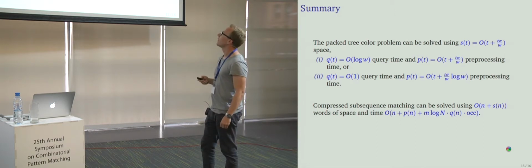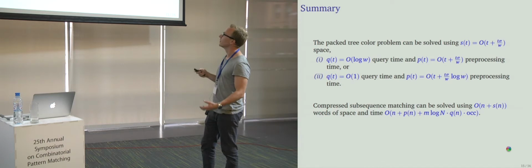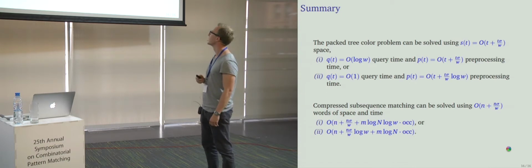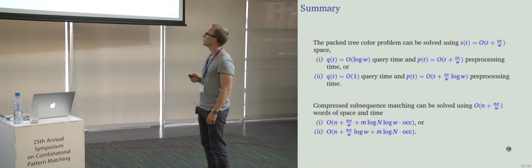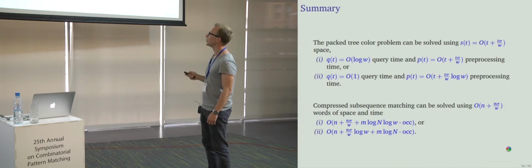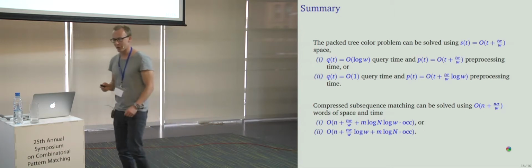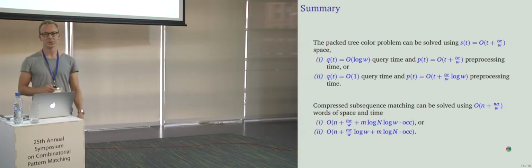And then I have shown you an algorithm with a running time and space bound depending on these data structures. So if we plug it in, we end up with an algorithm for the compressed subsequence matching with these two time and space trade-offs. That's all.